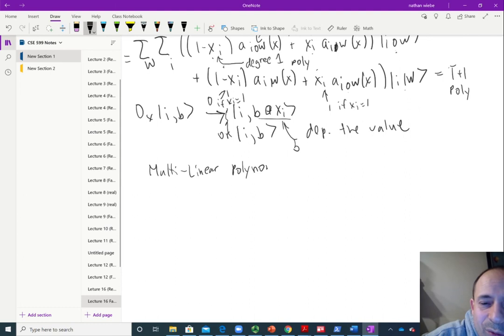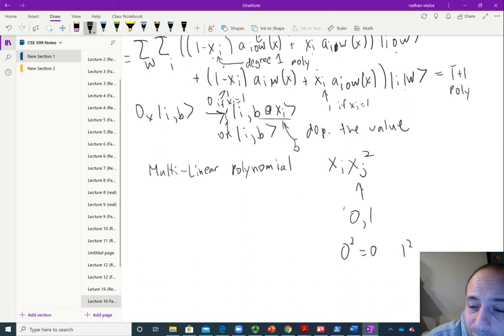It turns out the result is also a multilinear polynomial, because imagine you had a function of the form, let's say, x_i x_j squared. In our case, the input x_j is either 0 or 1. In both cases, because 0 squared is 0 and 1 squared is 1, this is the same thing as x_i x_j.